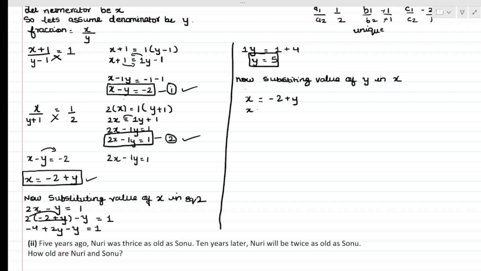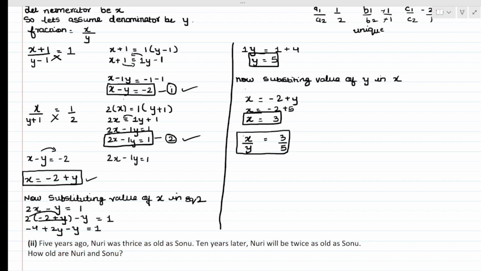That means x will be equal to minus 2 plus 5. As you can see, plus and minus. So x will be positive 3. So I got my value of x is equal to 3. So you can write accordingly x and y equal to 3 and 5. Keep your answer in the box. So we are done with this kind of story sum.